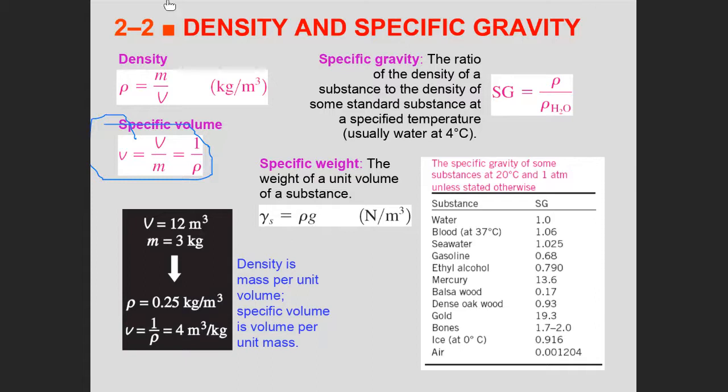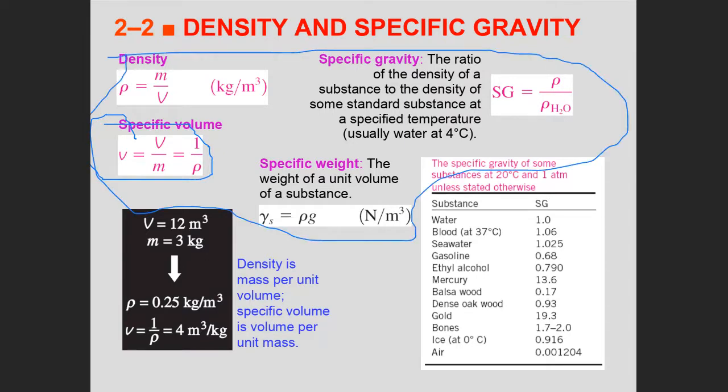Please pay attention, because in the exam, I might give you one of these properties. If I give you a specific weight and I didn't give you density, can you get the density? Yes. You divide by 9.81. Simple as that.